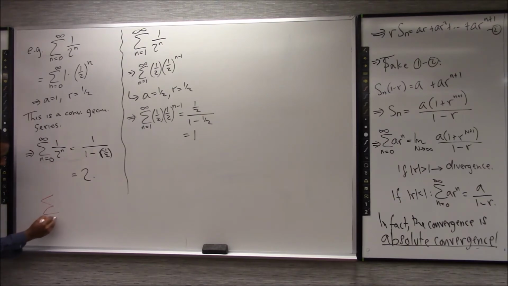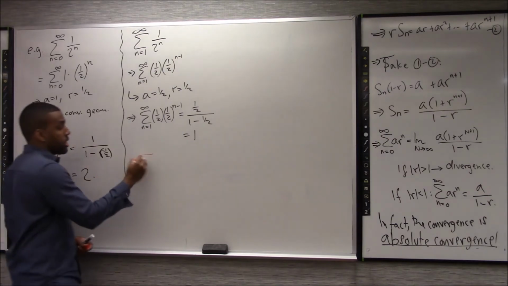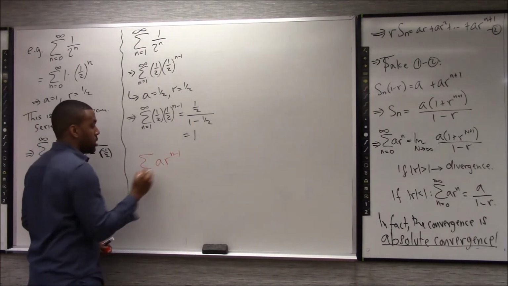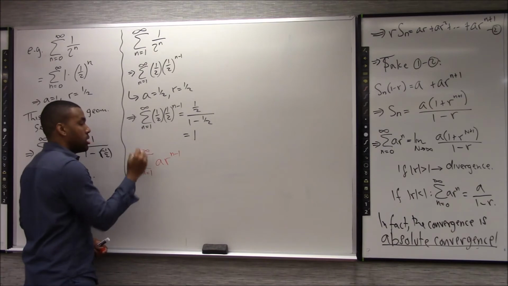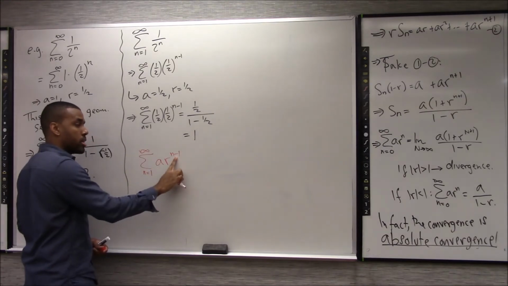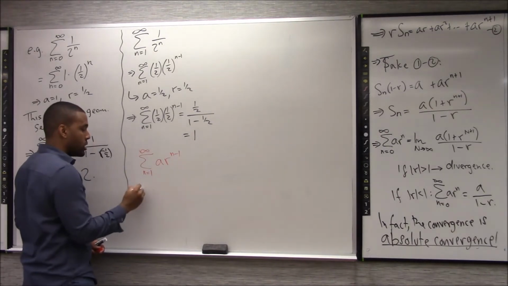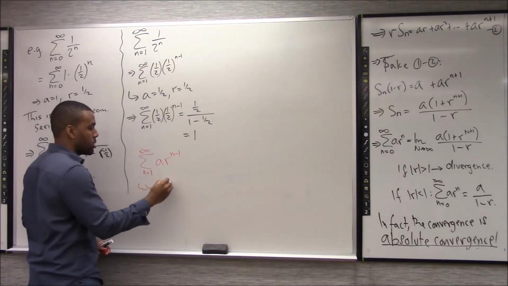That's one little thing you have to look out for. If you're starting at 0, you have to write it in the form A R to the n, so that when you plug in 0, A is the first term. If you're starting at 1, you have to write it such that the power is n minus 1. The idea is you want A to be the first term.